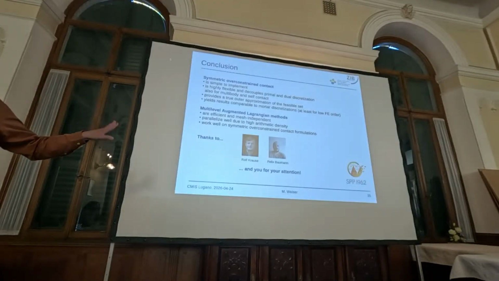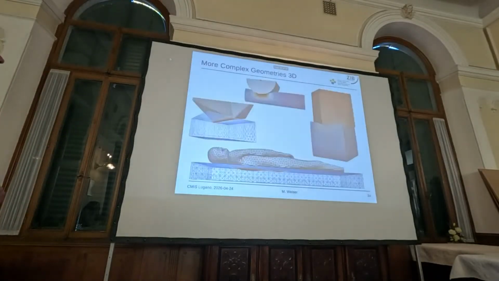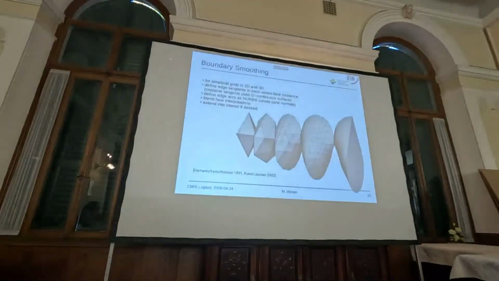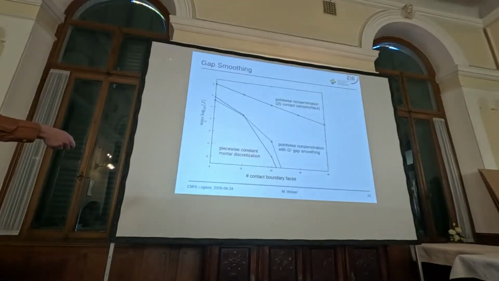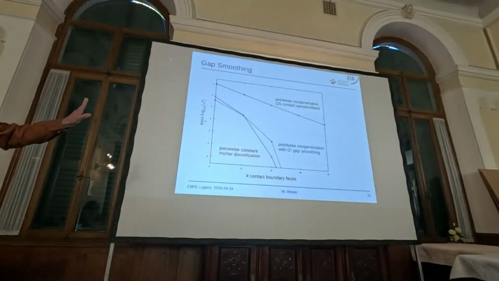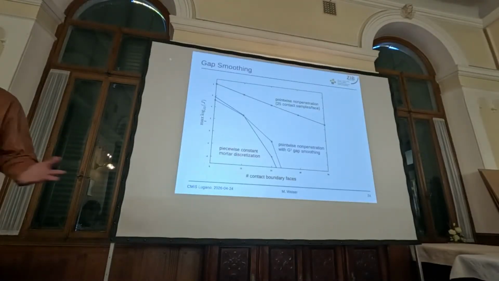What I computed here, this curve that was obtained with the piecewise constant mortar, is unstable, I immediately believe. In that example, I did not see any instability that I would have noticed. So maybe I was lucky.